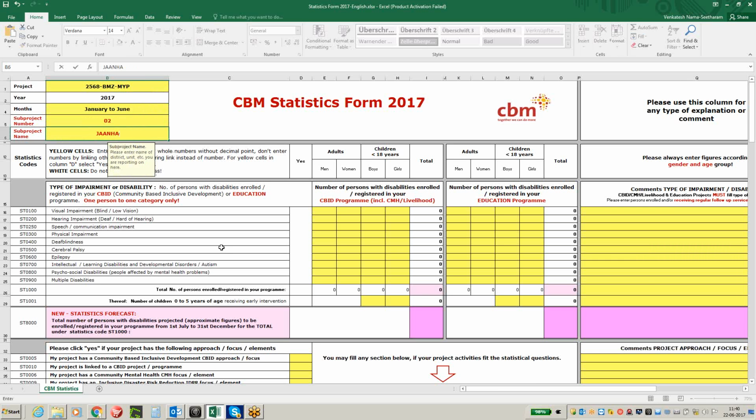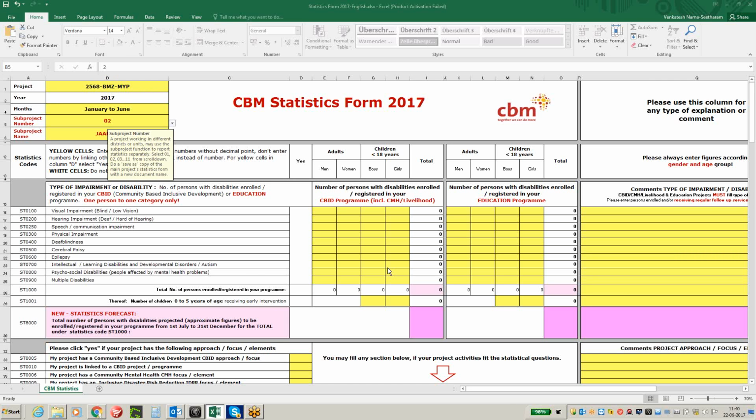So what happens in the Navision is, if there are three statistics forms filled in by this project, all three will get uploaded into the Navision as 1, 2, 3, and the consolidation of the numbers for this project number will happen automatically in the Navision. So the statistics officer need not worry about sitting and adding the numbers.